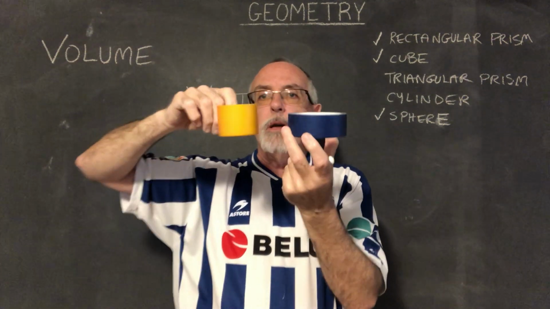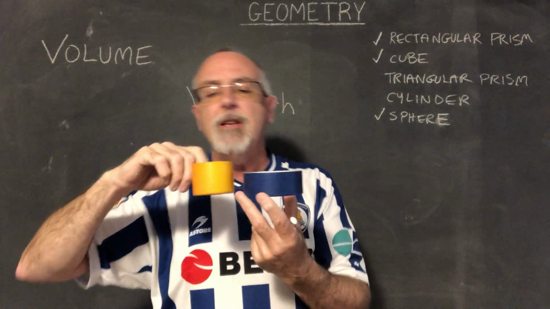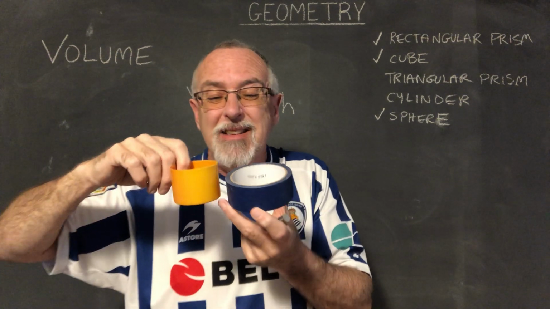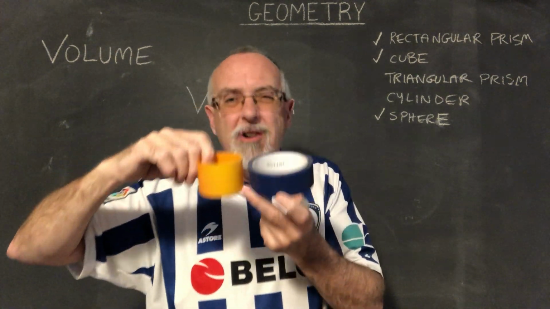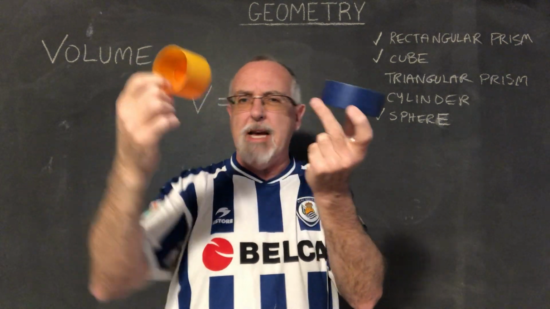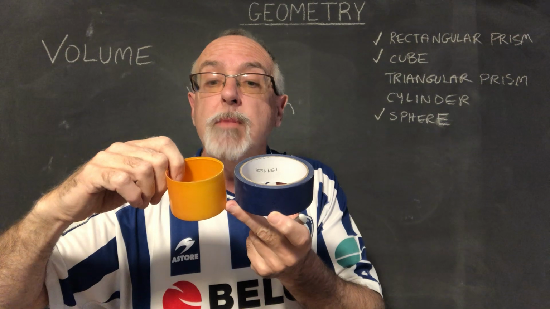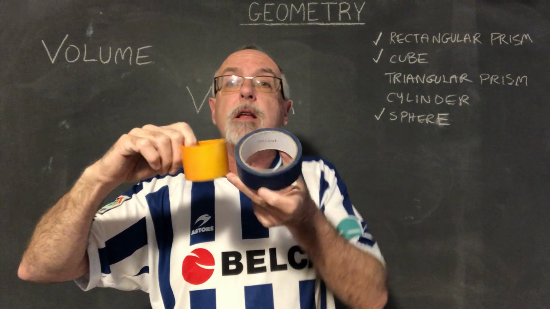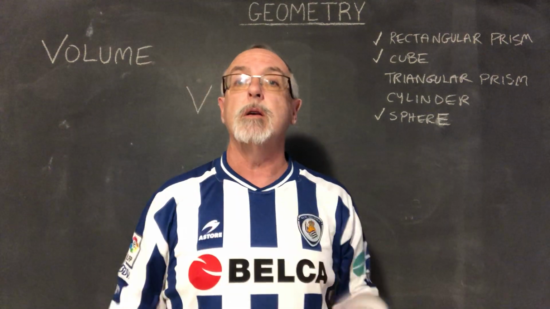We imagine them both being containers and we fill them with water or rice. Just by estimating, it looks like the blue painter's tape cylinder would have a larger volume than the orange cap, but not very much larger, because its much bigger radius is balanced off by the orange thing's bigger height.